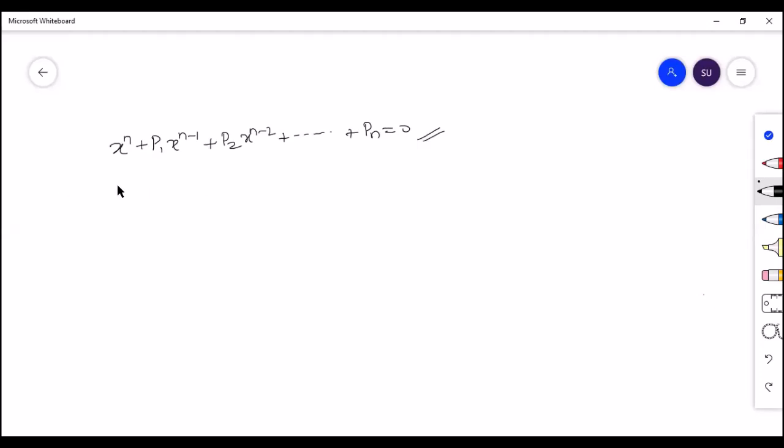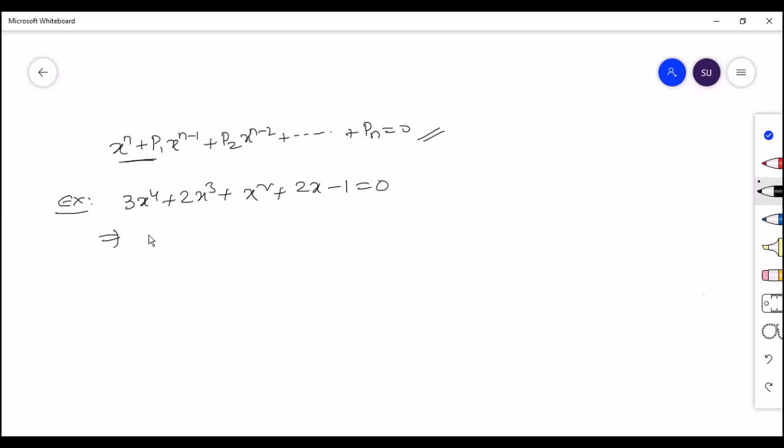Okay, now let us take one example. 3x power 4 plus 2x cube plus x square plus 2x minus 1 is equal to 0. For convenience, based on the above concept, we can divide by 3.